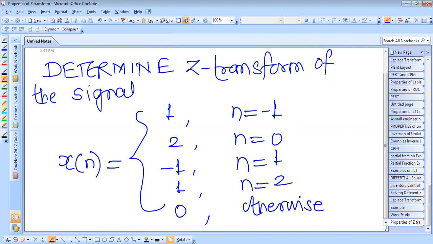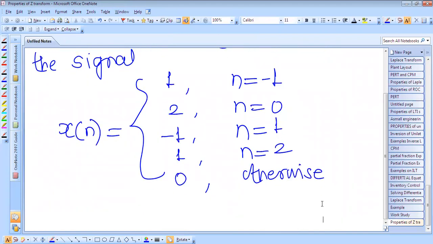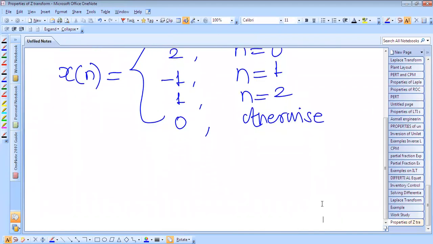Okay, so use the Z transform to find the discrete time Fourier transform of x of n.